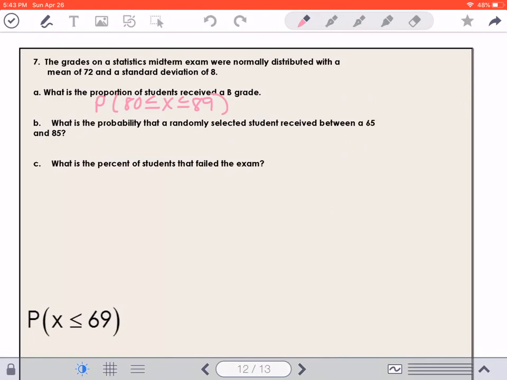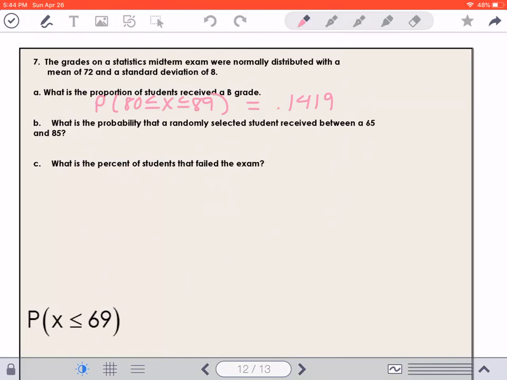Our lower bound here is 80. Our upper bound is 89. Our average or our mean is 72 with a standard deviation of 8. Hit enter 3 times. And what we end up seeing here is 0.1419 is the proportion of students who received a B grade.